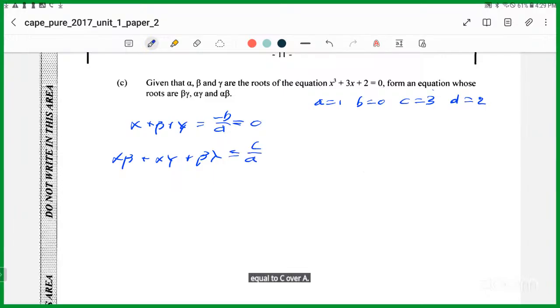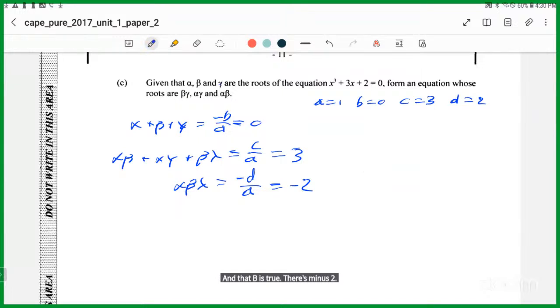The c is 3 and the a is 1, so that becomes 3. And then the product of the three, alpha beta lambda, is minus d over a, and that d is 2, so it's minus 2.